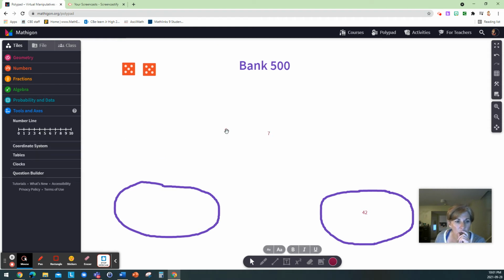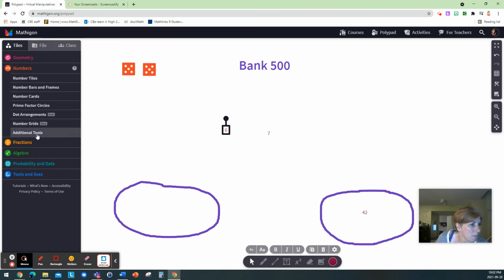One of the things you can think about is breaking this into its primes. Within this, which I should have said earlier, I'm in Polypad on Mathigon, there are prime factor circles.